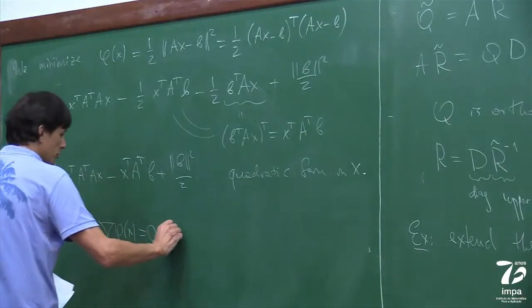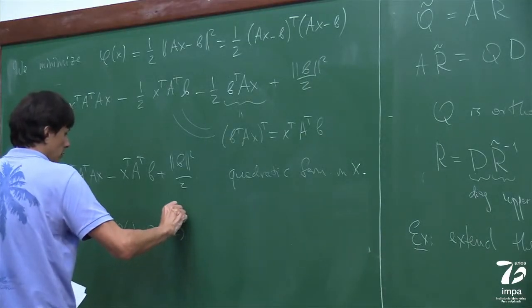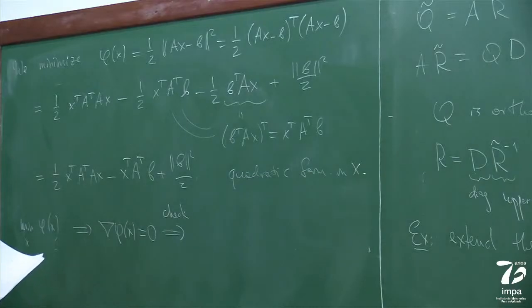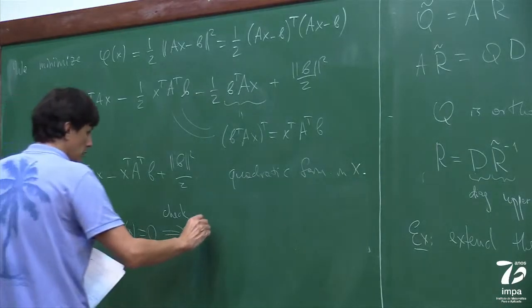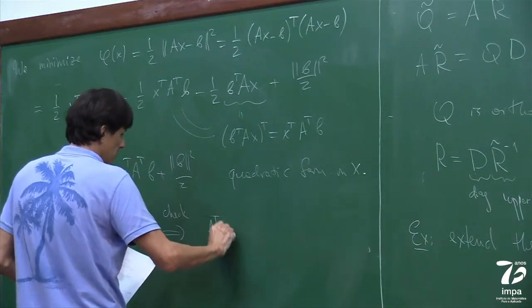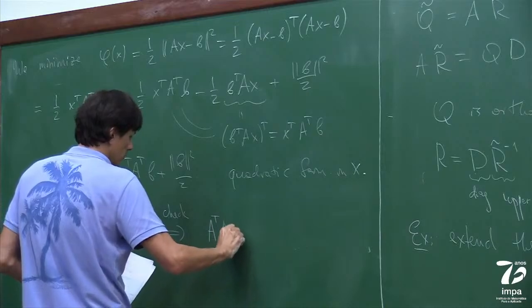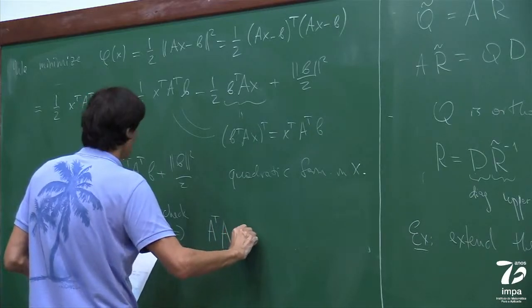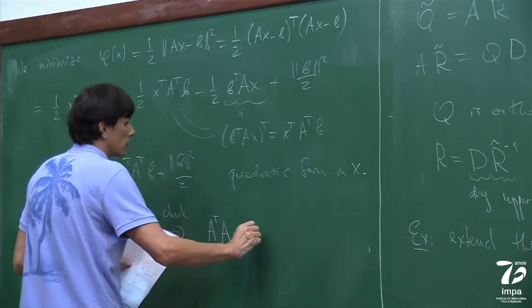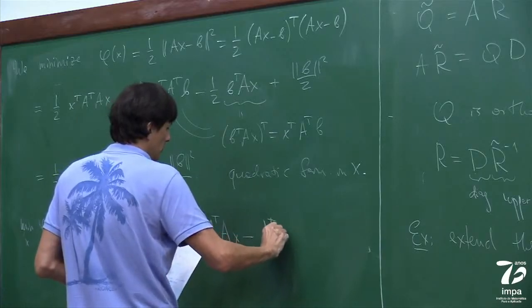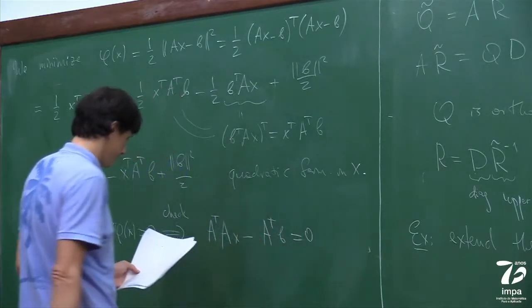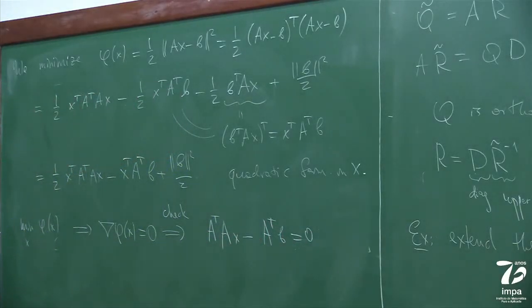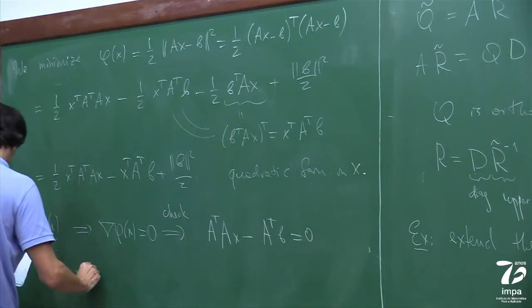So essentially, what you get is A^T A X minus A^T B equals 0. So you find X star.